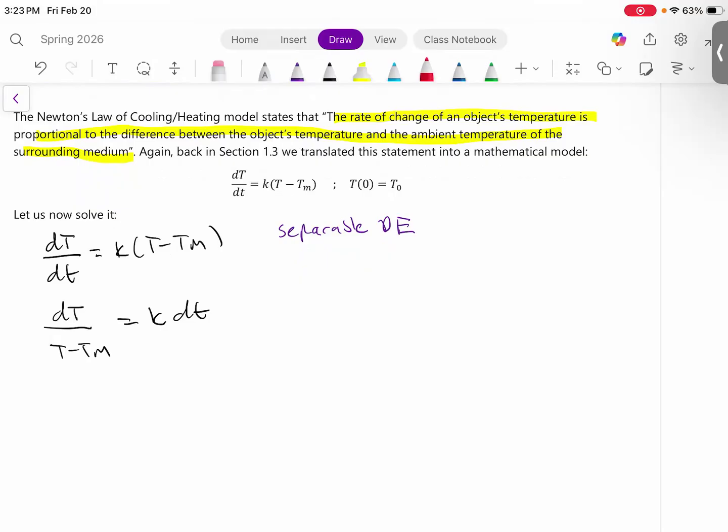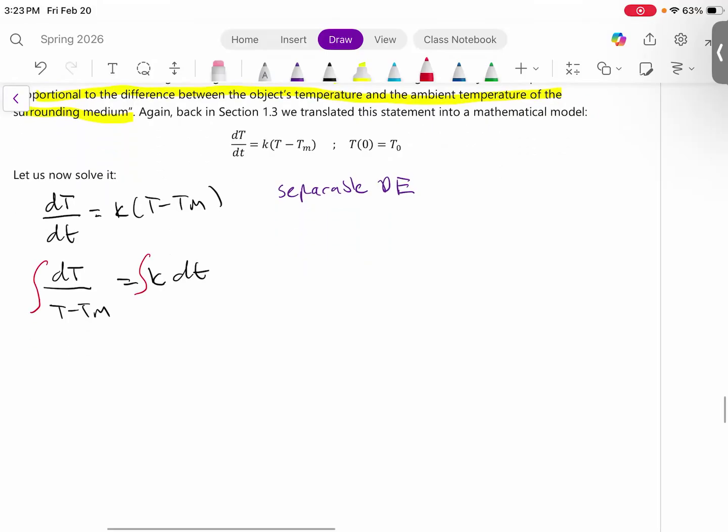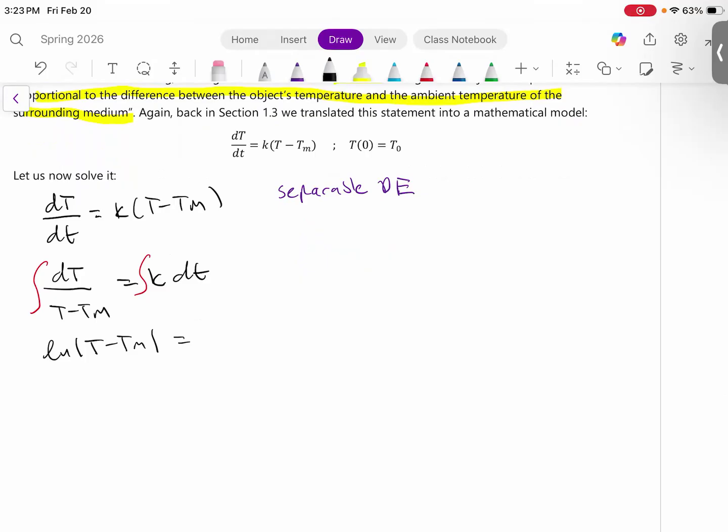And it's a separable differential equation, and we can go ahead and integrate now. So what we would end up with is natural log of T minus T sub m equals kt plus C, because k is just a constant, so it just picks up a variable t.